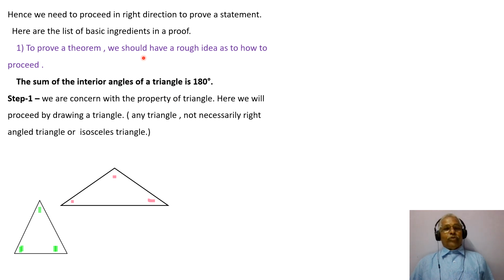So we should have a rough idea as to how to proceed. So this is the first step. Any triangle, not necessarily a right angle triangle or isosceles triangle, because the statement has not specified anything of this. So this is a triangle and these are three angles marked in red.